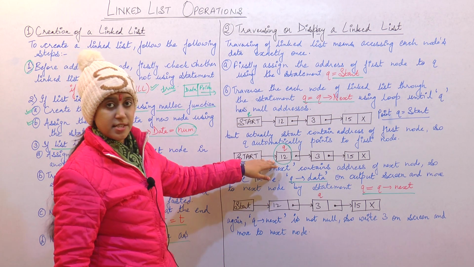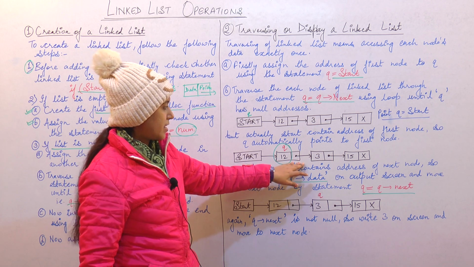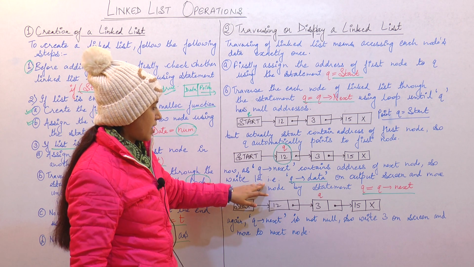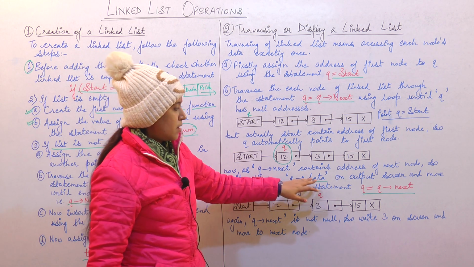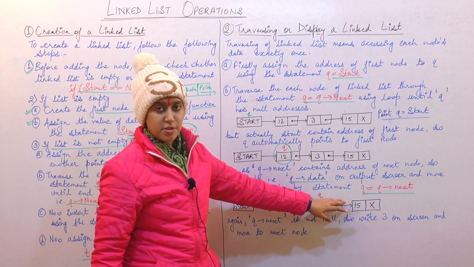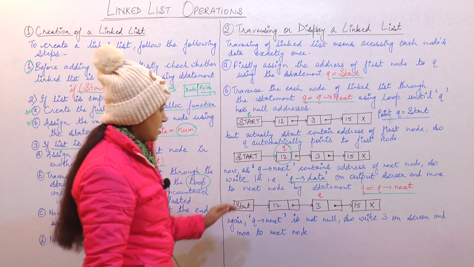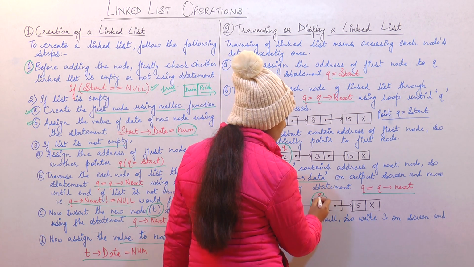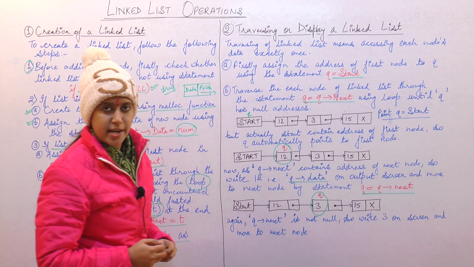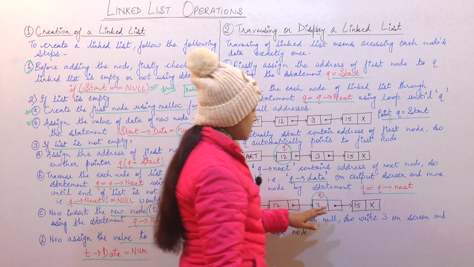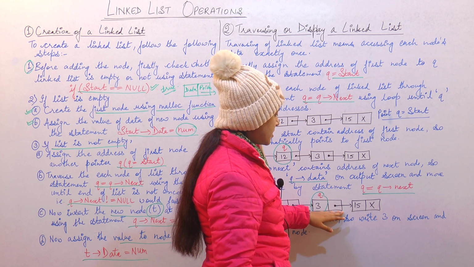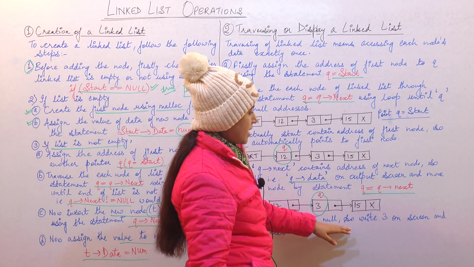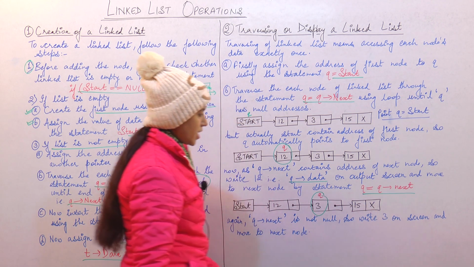Our Q contains the data 12 and the pointer field contains the address of the next node. So our output screen shows 12 and moves to the next node by the statement Q = Q->next. Now Q moves towards the next node, which contains the data value 3. This 3 is displayed on the output screen, and since this node contains a pointer to the next node, Q moves on using Q = Q->next.